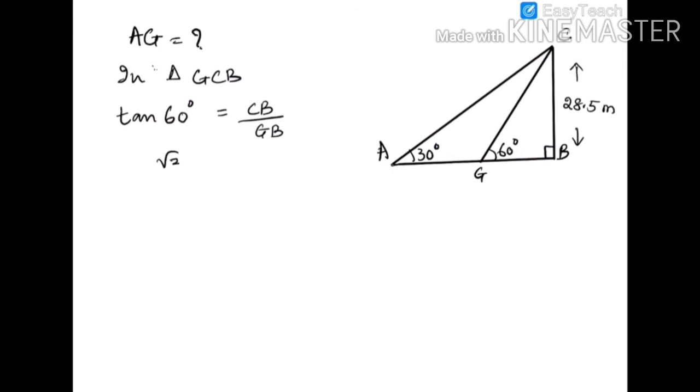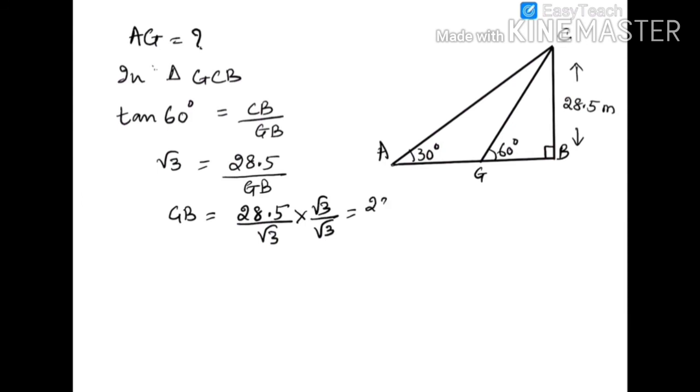Tan 60 is root 3, CB is 28.5 and GB is what we have to find out. So on cross multiplying and rearranging the terms, we get GB as 28.5 divided by root 3. Let's rationalize this. By multiplying root 3 to the numerator and denominator, we get 28.5 divided by 3 into root 3, which is 9.5 root 3 meters.